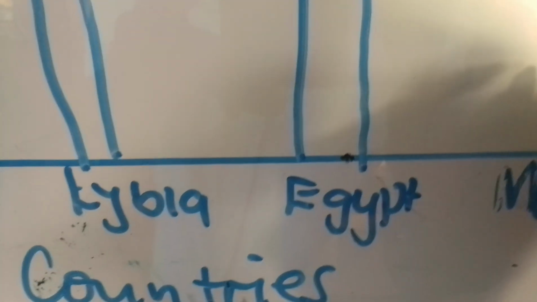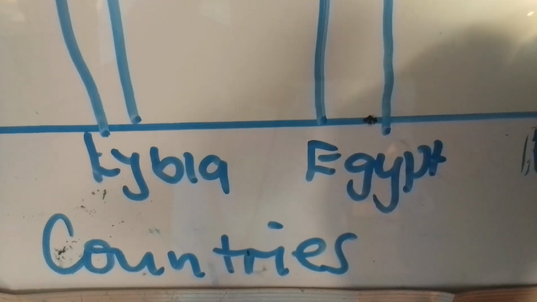Then I go to 80% for Egypt. 80% is there. Right, and Mozambique is 15%, which is almost there.